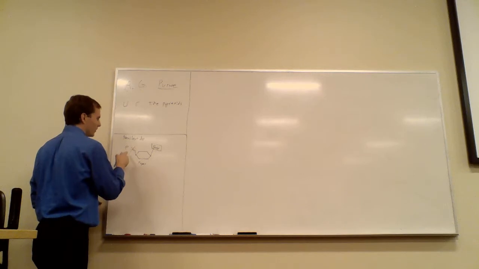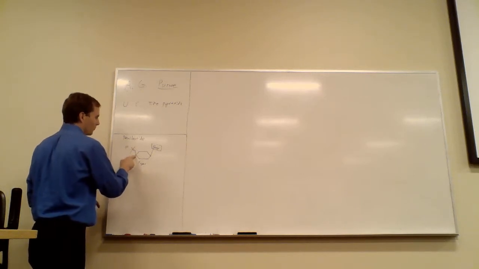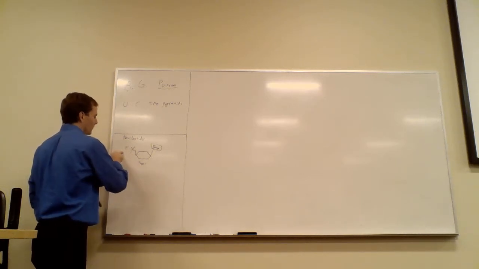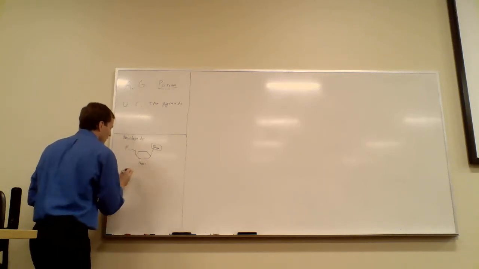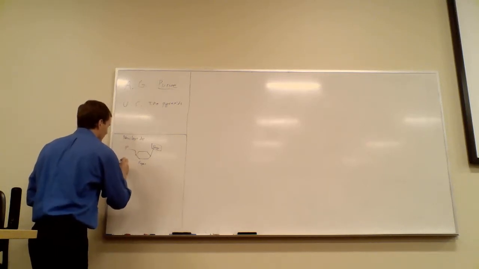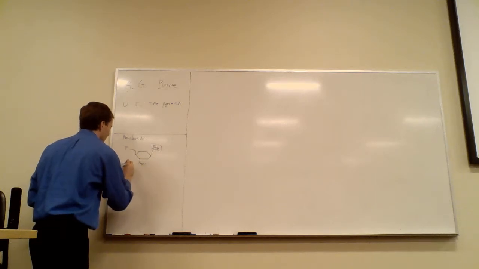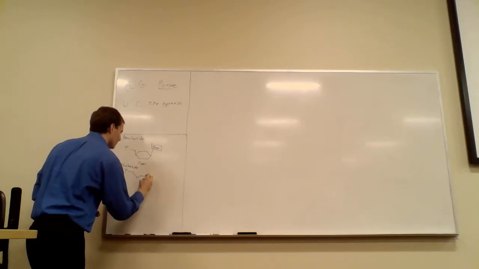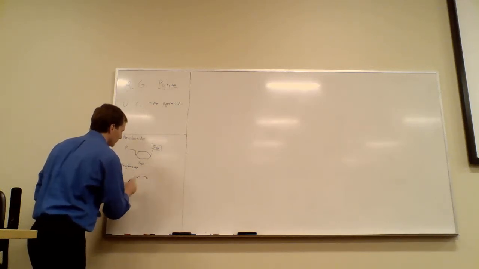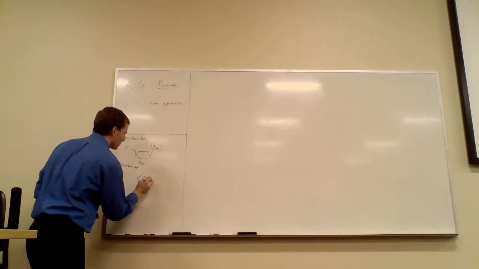So that would be this guy off to the side, usually coming off of the 5th carbon. You can have a phosphate there, or you can take it off. If there is no phosphate, then it is a nucleoside. So, same thing, but no phosphate.